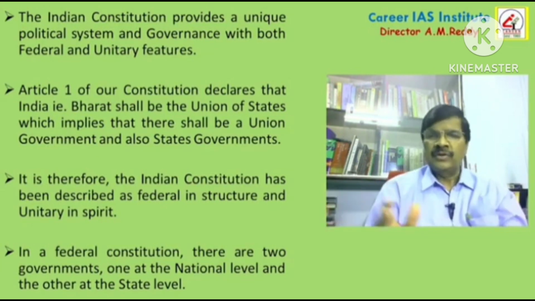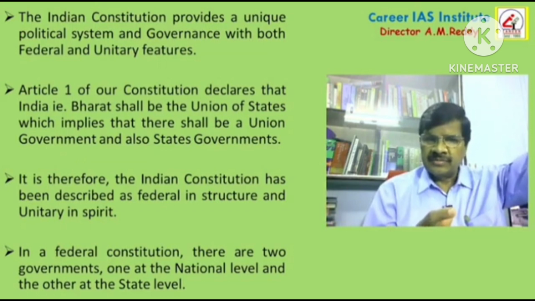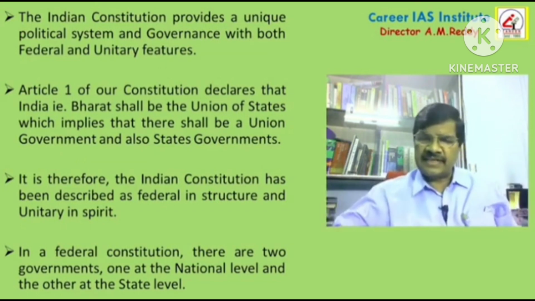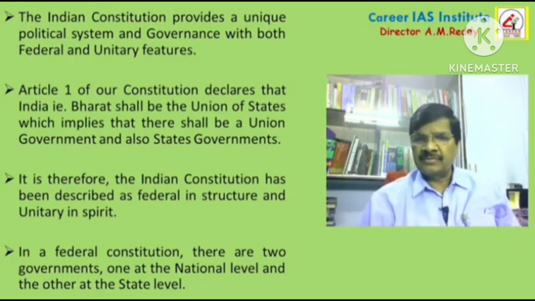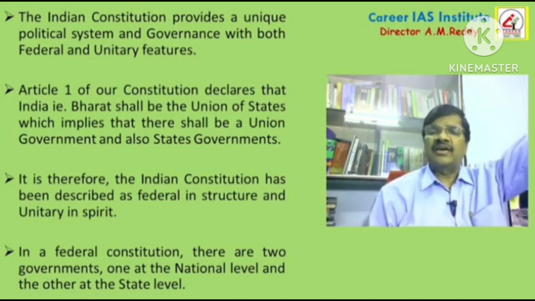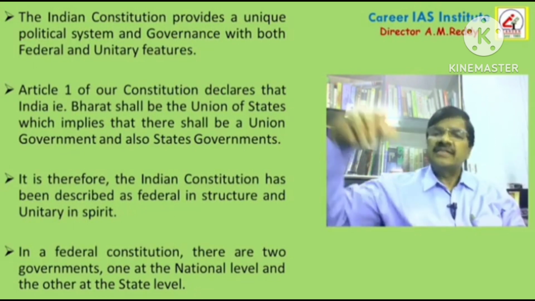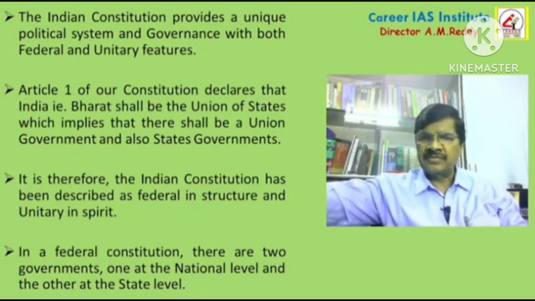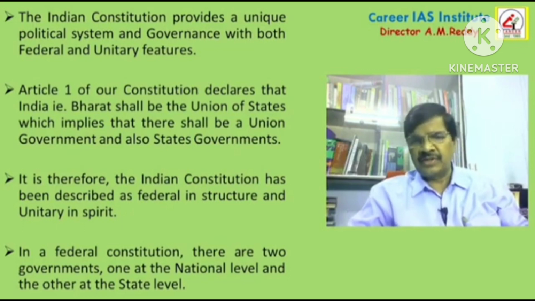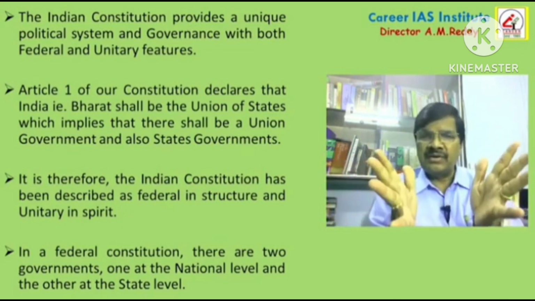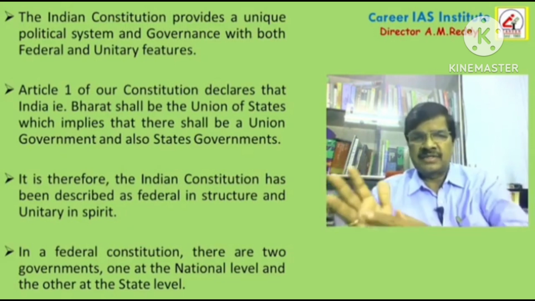So we have the parliament at the union level and state legislature at the state level. The Union Council of Ministers at the national level and State Council of Ministers at the state level. So that means parallelly we have two governments, union government and state governments.